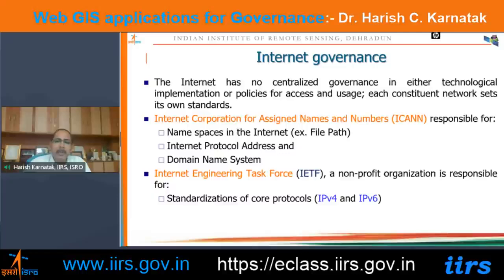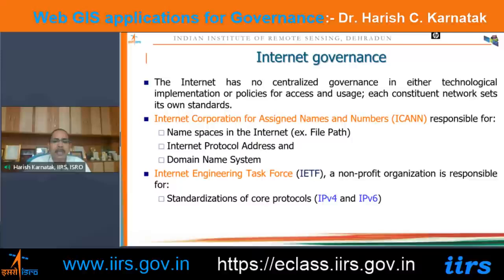But here the normal question comes: who is the owner of this internet, who is guiding the entire system? So you have to understand that the Internet Corporation for Assigned Names and Numbers, or ICANN, is a non-profit organization which is responsible for three major things.